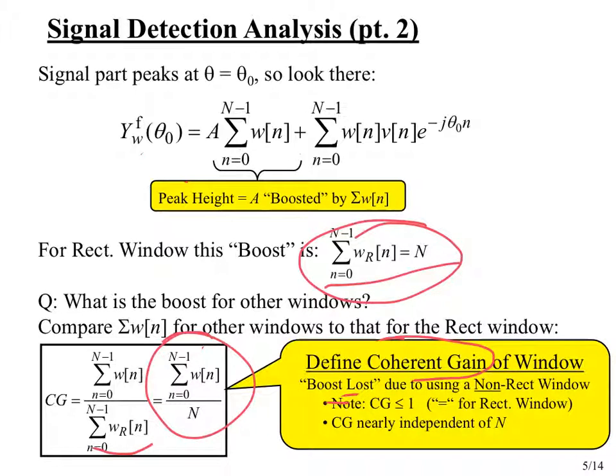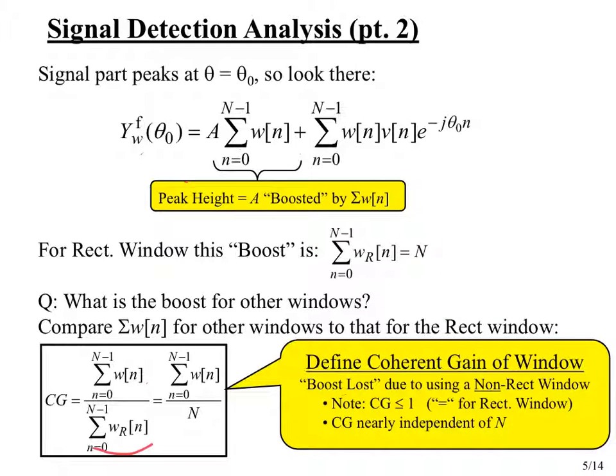Now, one cool thing about the coherent gain: you'd think that it would be dependent on the value of N. But it turns out that once you get up above a certain value of N, the coherent gain, since it's a ratio that involves two things that are going up with N, tends to level out and doesn't depend on N anymore. So we can talk about a coherent gain for a specific window type regardless of the length.